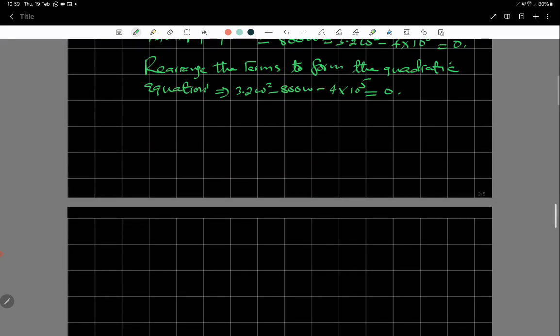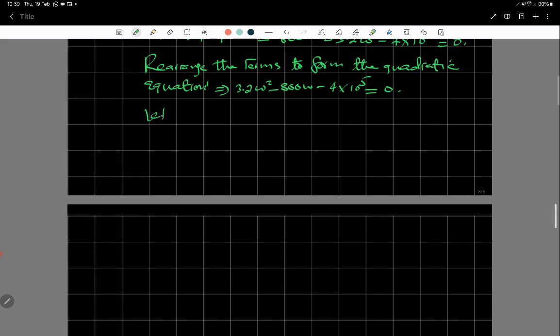So up to this stage, let us simplify this expression by using the general quadratic formula.